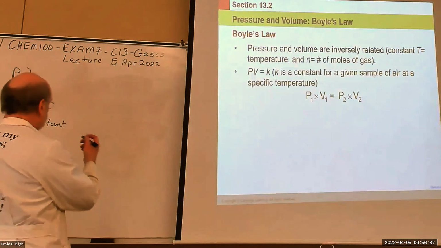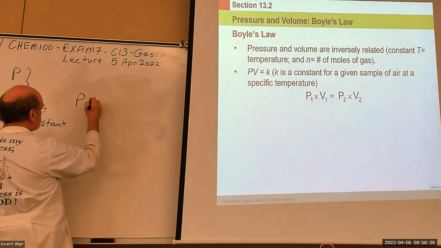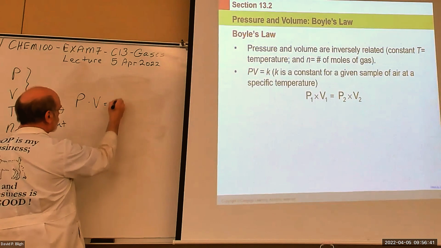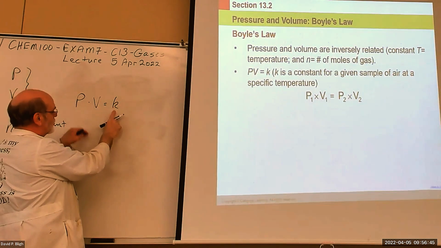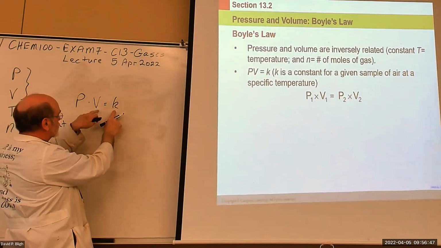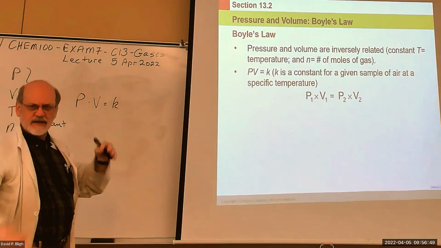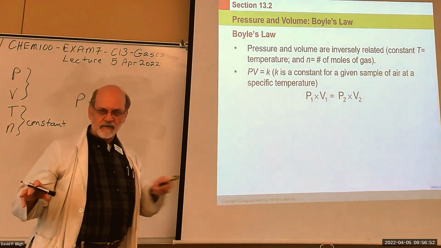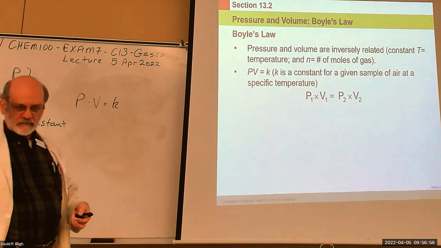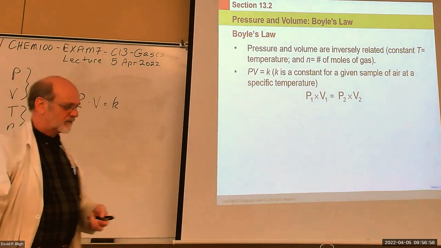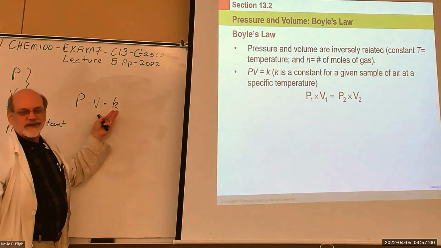Because you have P times V equals the K that you determined, right? So if you know this now, then you can say, well, if I know volume is this, then I can solve it for P, right? It's like any equation. If you have one unknown, you can solve it. The problem is, suppose I don't want to have to calculate that K.